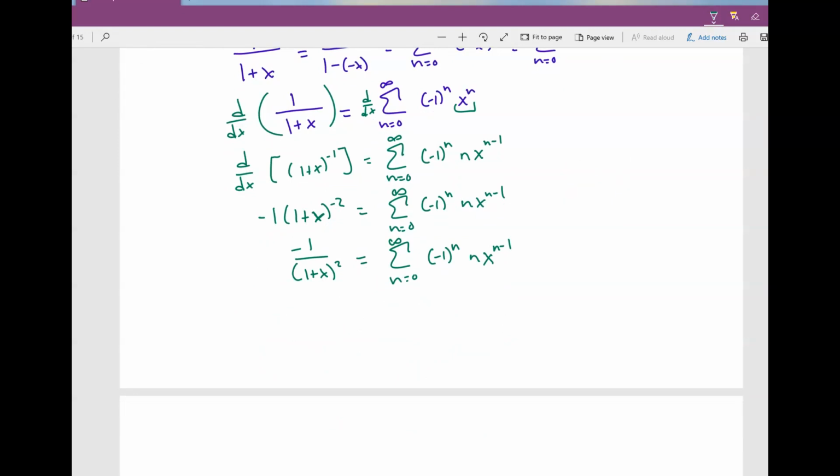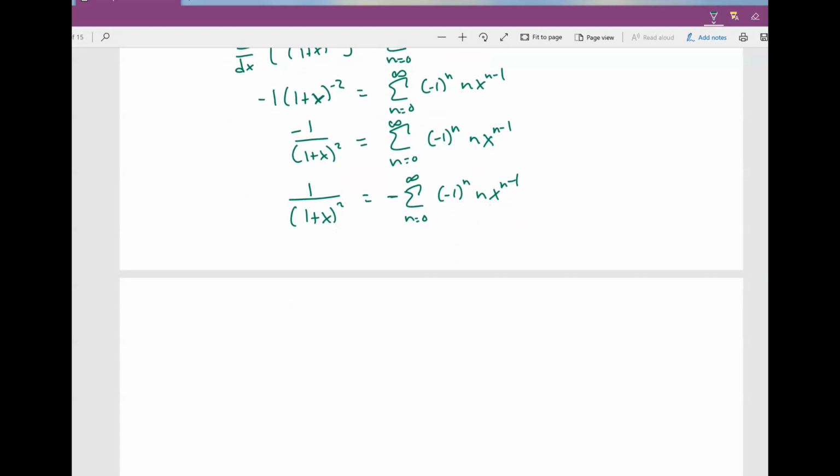When I get rid of that negative, I'm going to have 1 over 1 plus x whole quantity squared equals the negative sum from n equals 0 to infinity, negative 1 to the n, n, and x to the n minus 1.